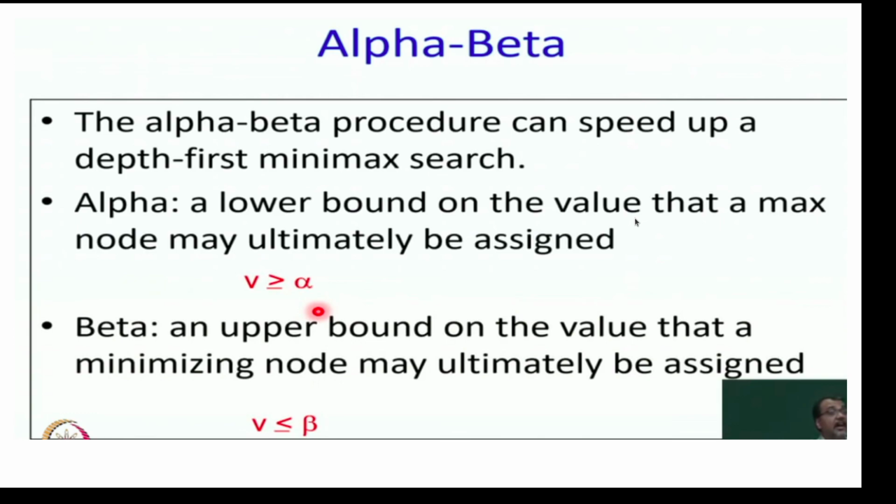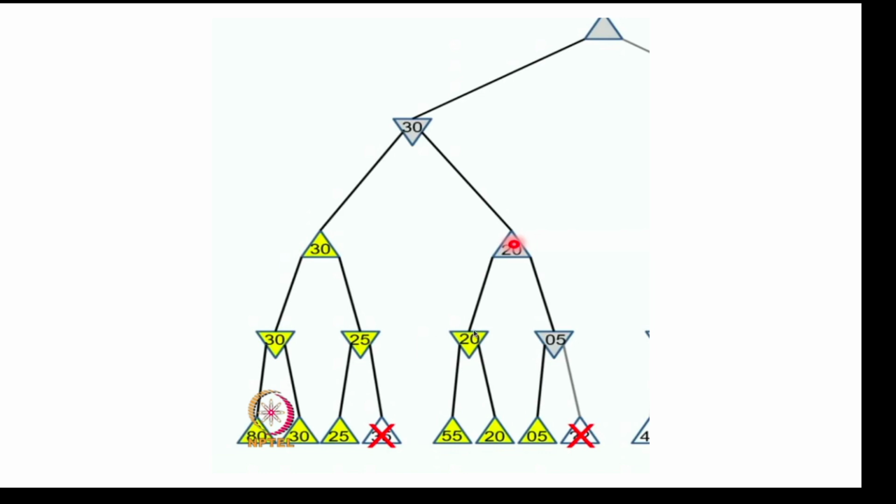What does it mean? A lower bound on the value that a maximum node may ultimately be assigned. So for this situation you can see, out of 30 we had and then we took the 25, the next node is the maximum which we are taking.